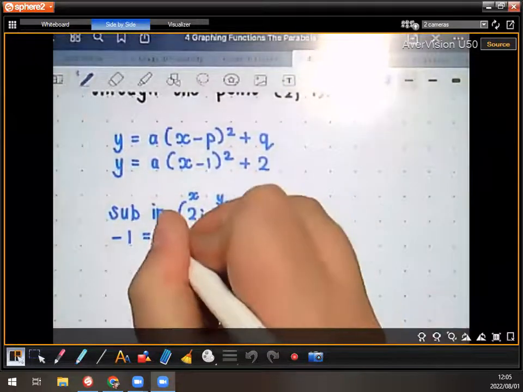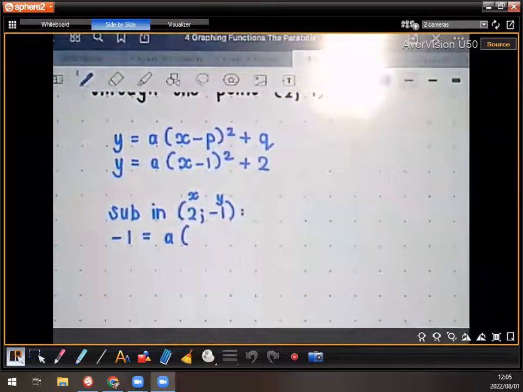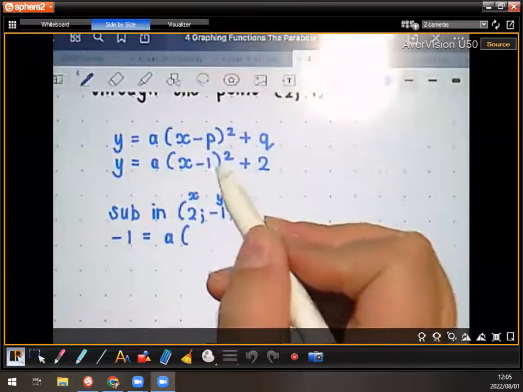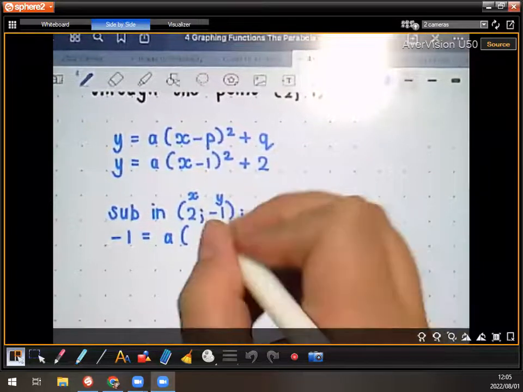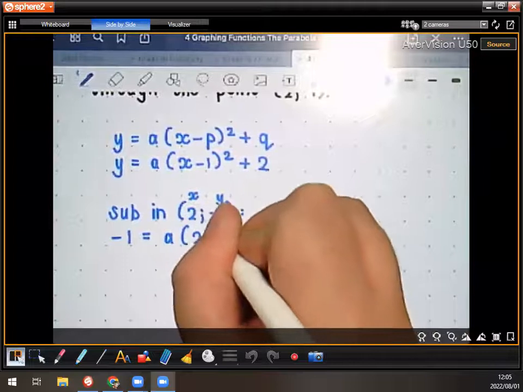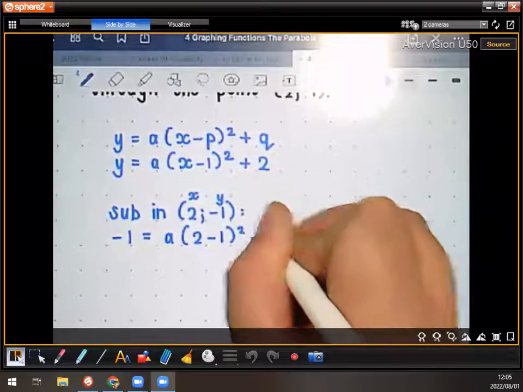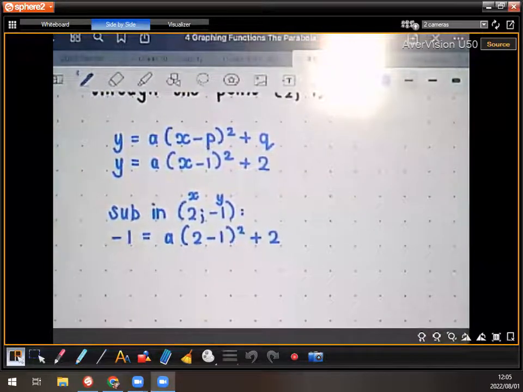Equals a, bracket x minus 1 is now going to become the x value minus 1. So 2 minus 1 and then squared and then plus 2. Now this looks a bit more complicated than it actually is.